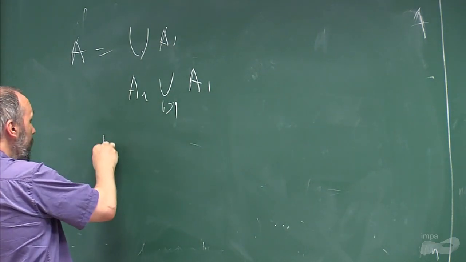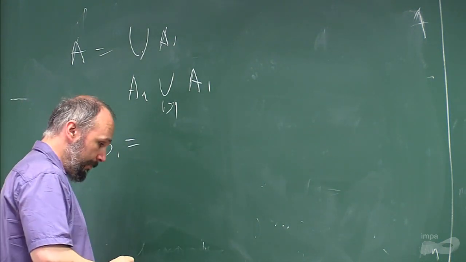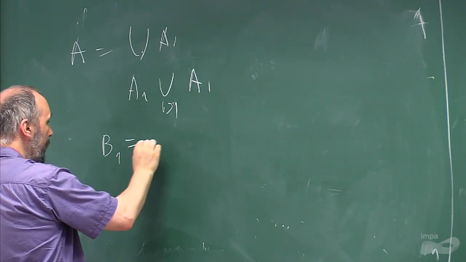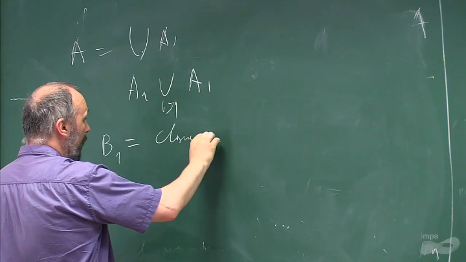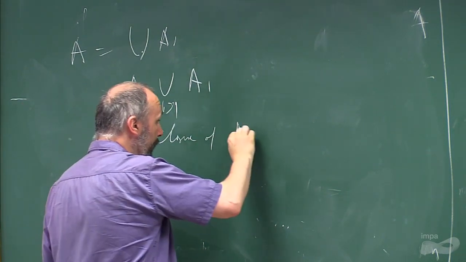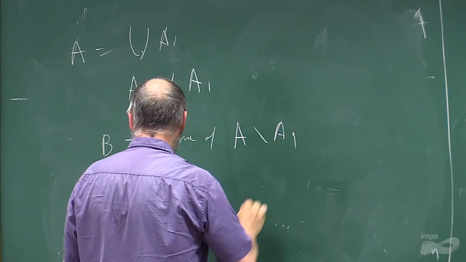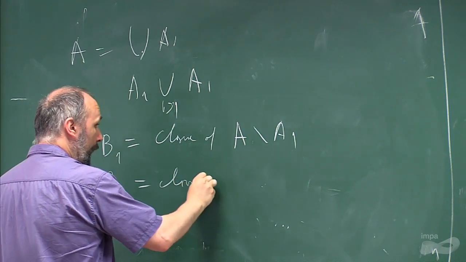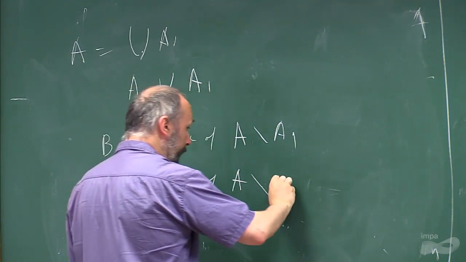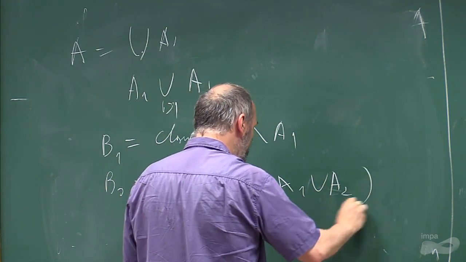Let's call B1 the algebraic closure of A without A1. B2 is the closure of A without A1, union with A2, and so on.